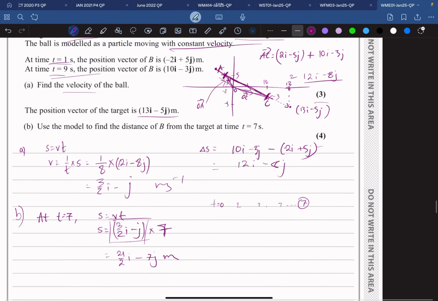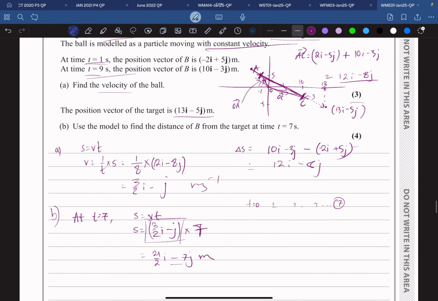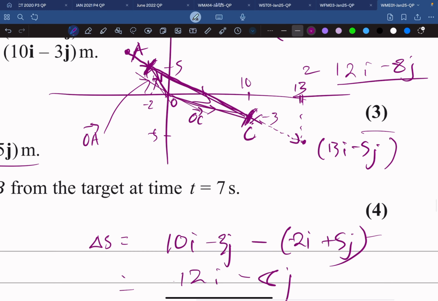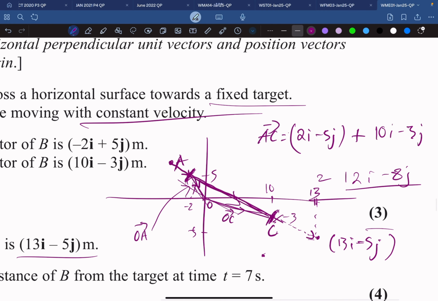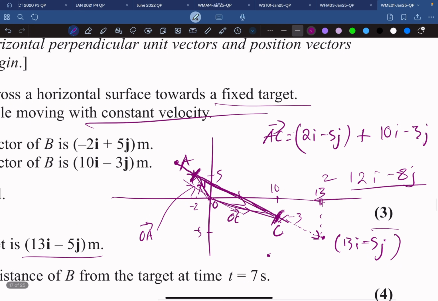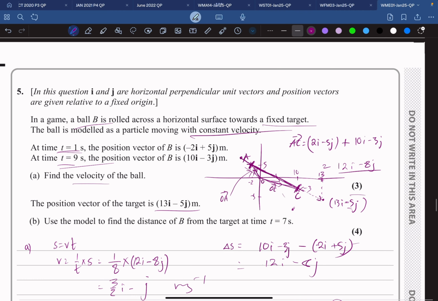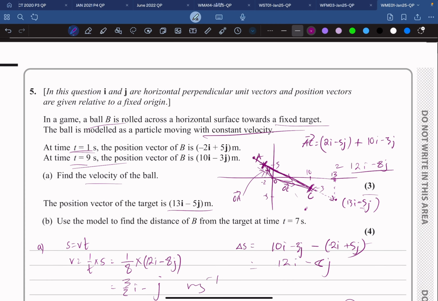It just feels a bit weird because you have minus 7j over here, and minus 7j is just below minus 5j, right? If you're traveling from here and then going in this direction, how do you even go to minus 7 at all? All of this just really doesn't make sense.